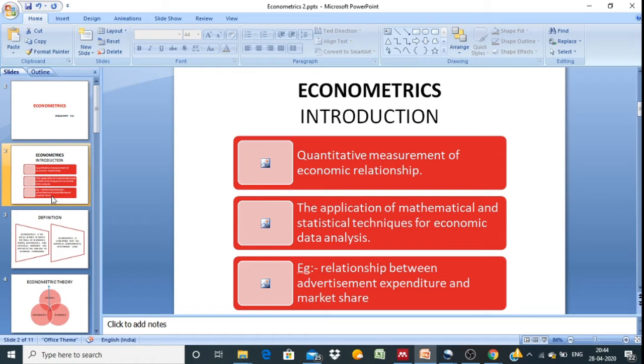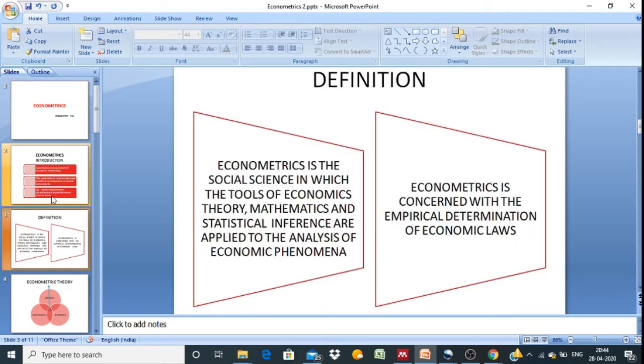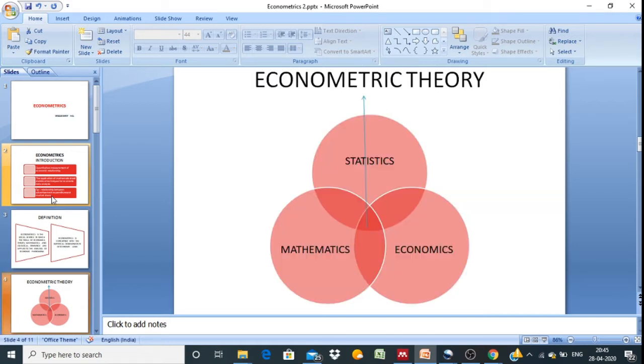In econometrics, the analysts identify the various economic phenomena and quantitatively measure them. Econometrics is the social science in which the tools of economic theory, mathematics, and statistical inference are applied to the analysis of economic phenomena.